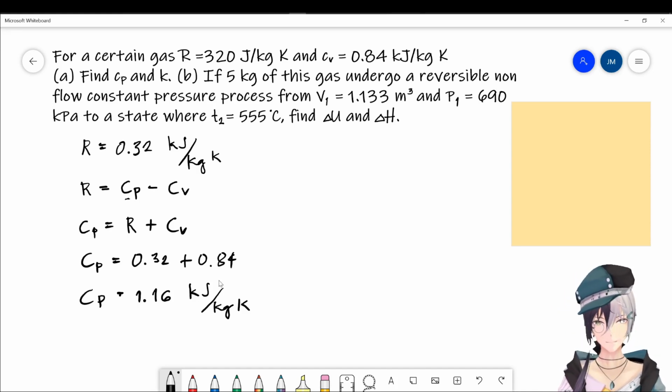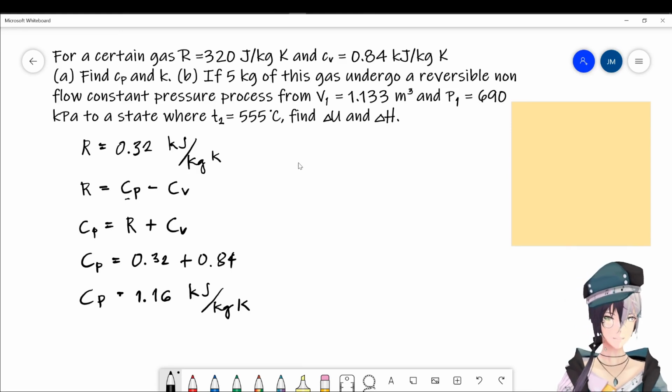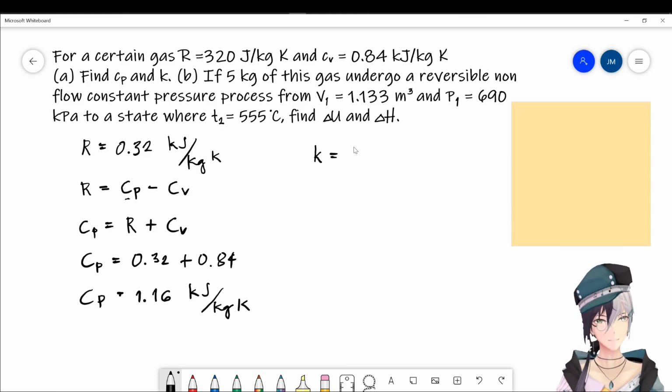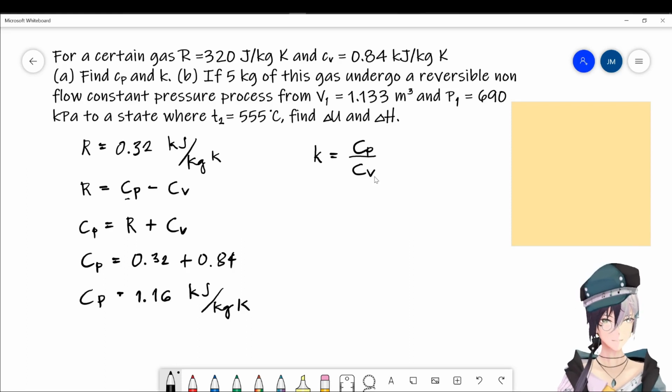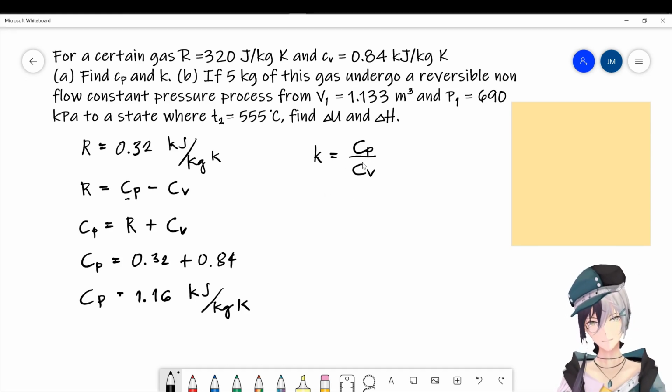Next, we are to look for K. Okay? So K is the ratio for the specific heat at constant pressure and constant volume. Now, I would not advise to use this formula.